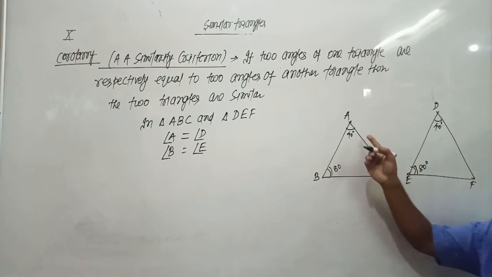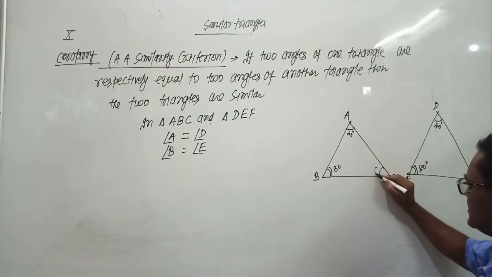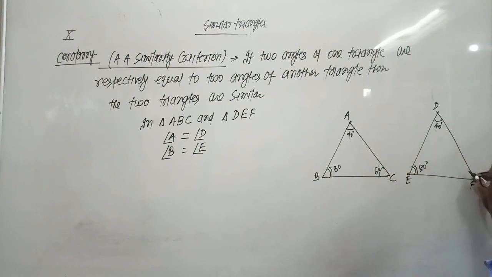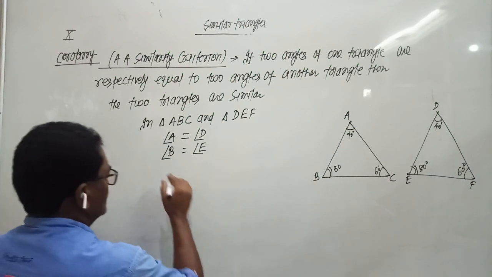So 80 plus 40 is 120, so this will be 60 degrees, because 180 minus 120 is 60. So if two angles are equal in two triangles, then the third angle must be equal.